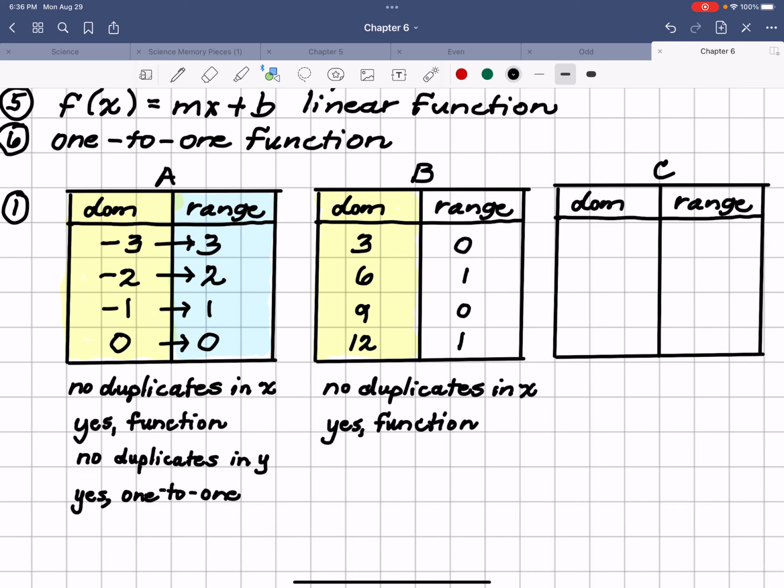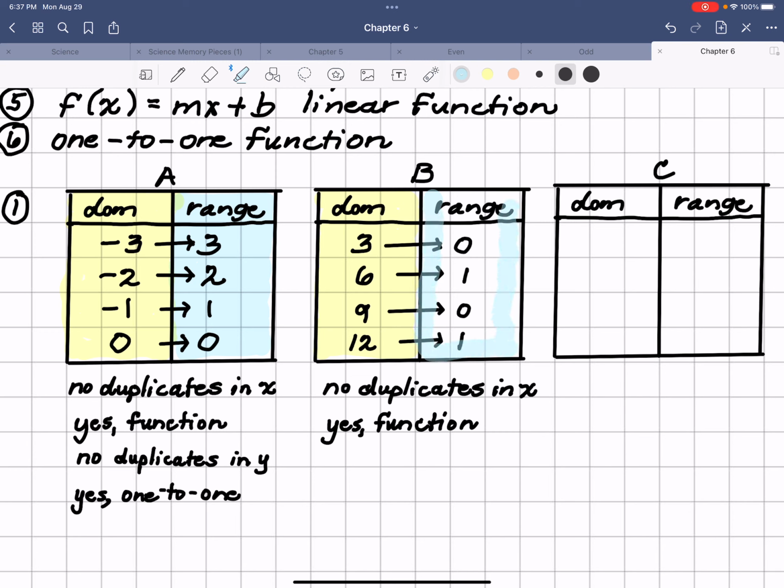If you map these values, you can see that both 3 and 9 connect to a 0, and both 6 and 12 connect to a 1. So this is not 1-to-1, and I'll show you why, or you can tell me why.